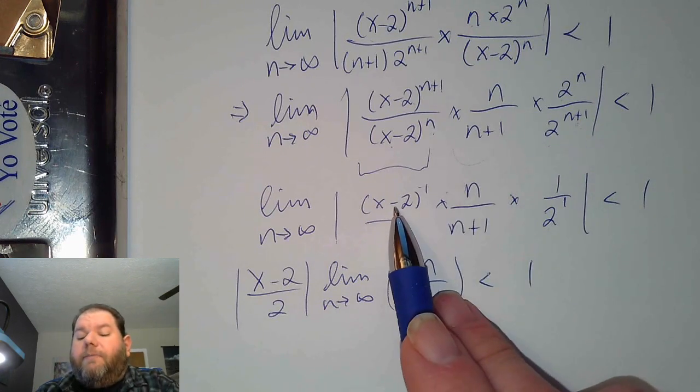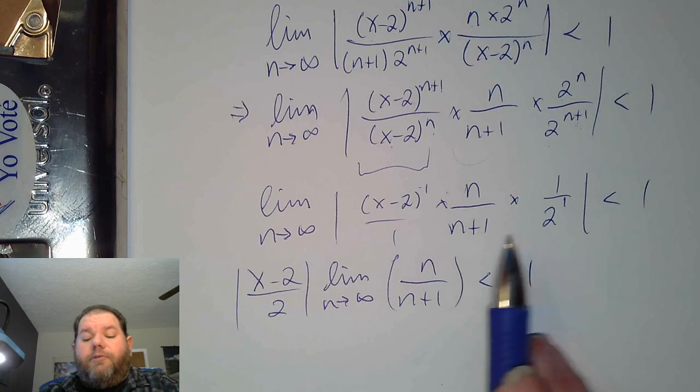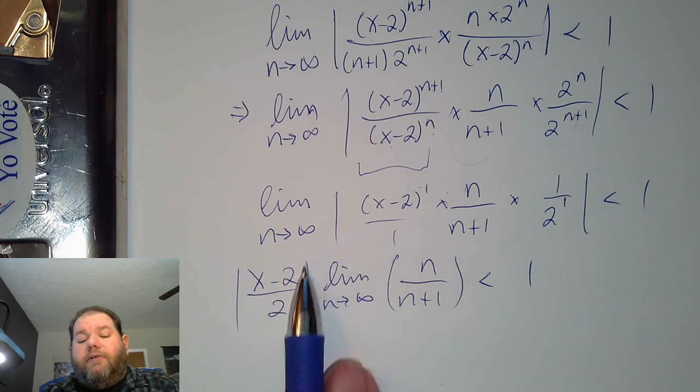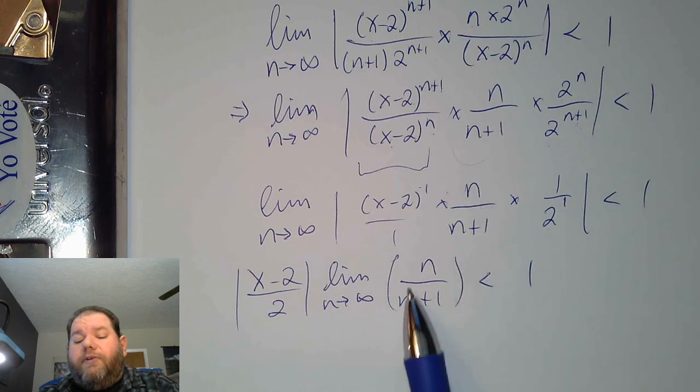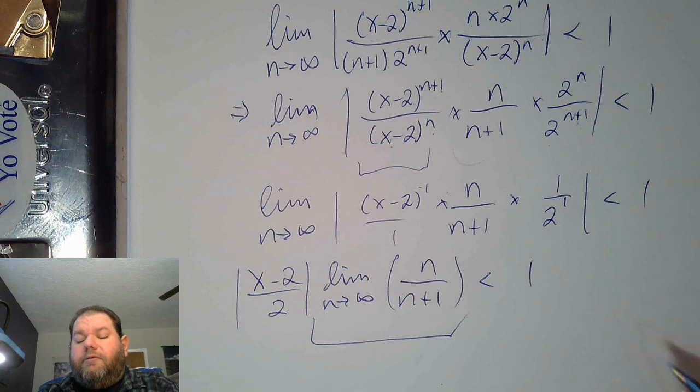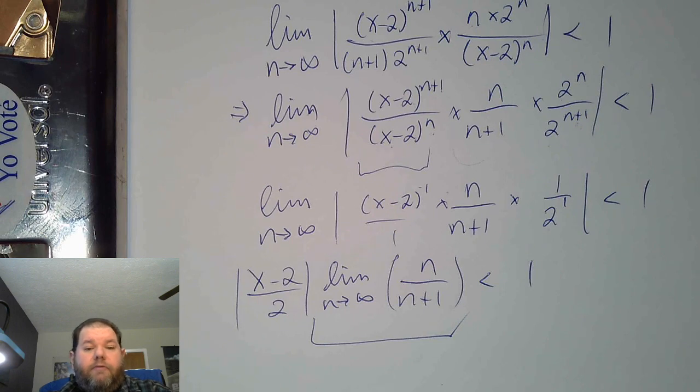So we can take our x minus 2 over 2 and just bring it outside the limit, still inside absolute values because of the x. N over n plus 1 is the only thing left inside. Now, this limit here, n over n plus 1, we know this is infinity over infinity, but again, we can use our shortcut here if we want because they're both polynomial terms, or we could just simply use L'Hopital's rule.